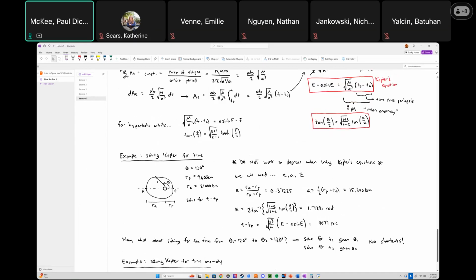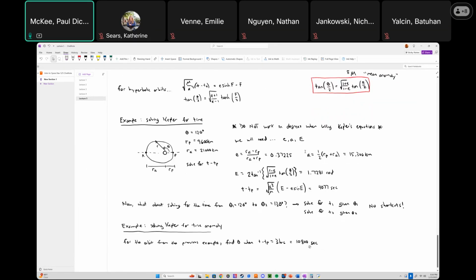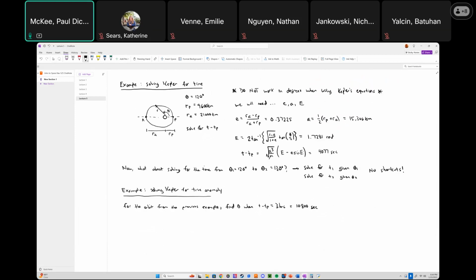So we have T minus T naught. What we want is E. This gets pretty bad pretty quickly. So E minus e sine E is square root of mu over a cubed times T minus TP, which we can solve. We know mu, we know a, we know T minus TP.